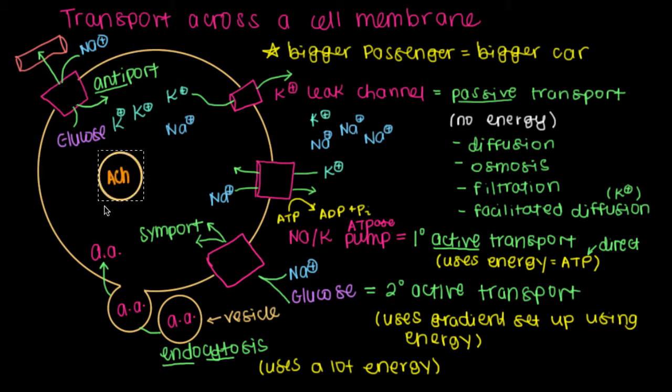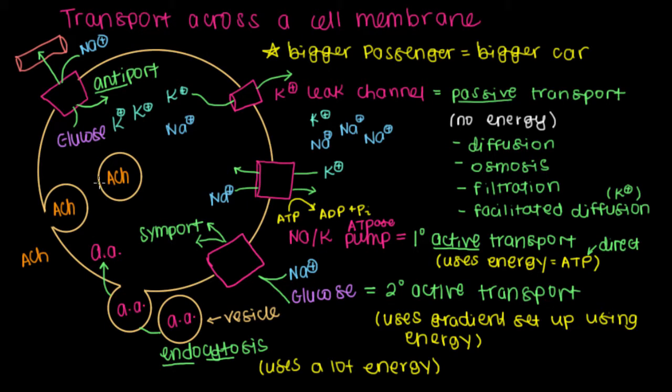So once this vesicle with acetylcholine is made from the Golgi apparatus, it floats towards our cell membrane, similar to how we saw earlier. And then these membranes will fuse, the membrane of our vesicle as well as the membrane of our cell, causing the acetylcholine to be kicked out.